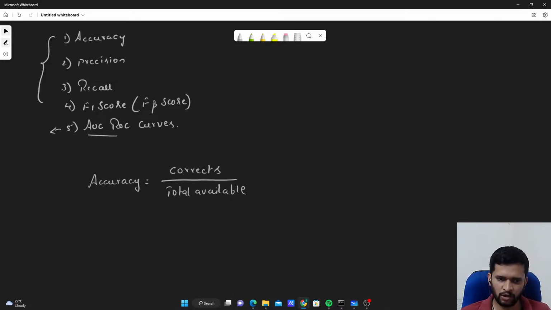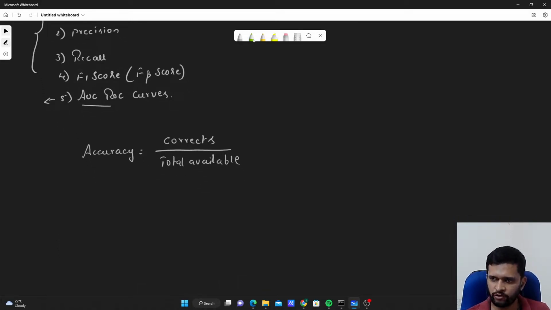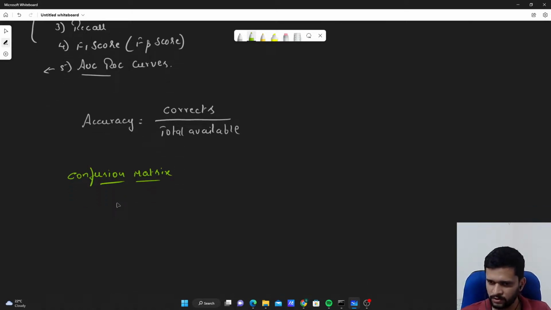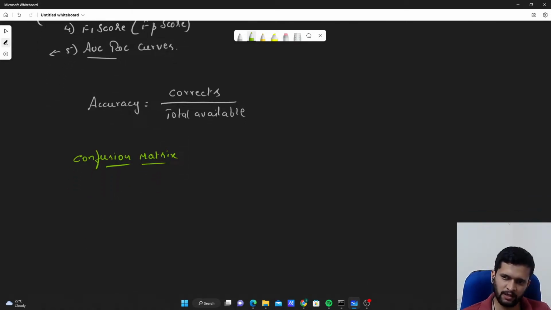In order to understand the formula, before we get into that, we need to understand something called a confusion matrix. So let's see what a confusion matrix is. As you can see, it is a matrix, so it is a representation of rows and columns. Generally, it will be like this.